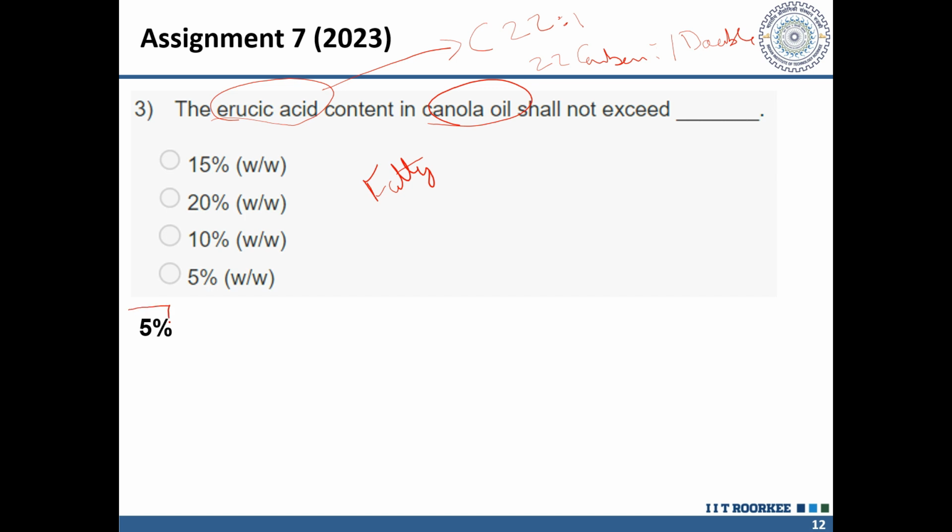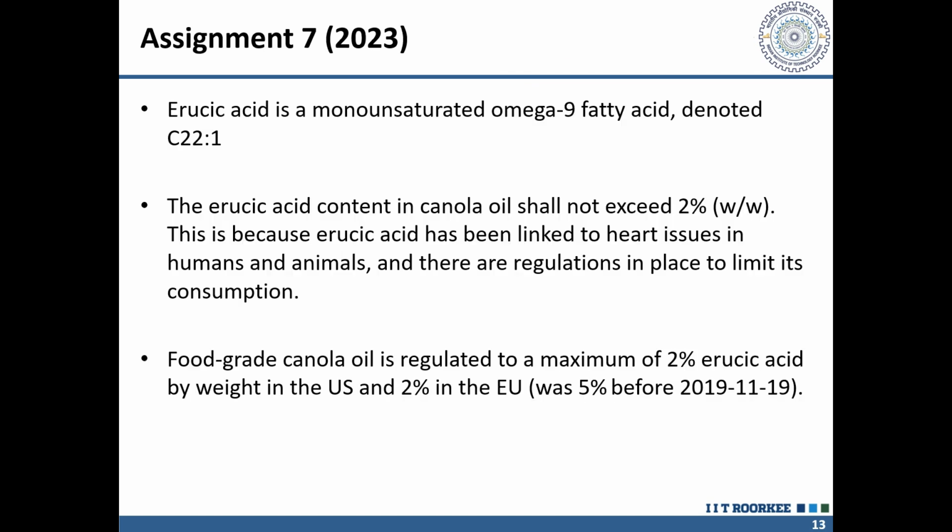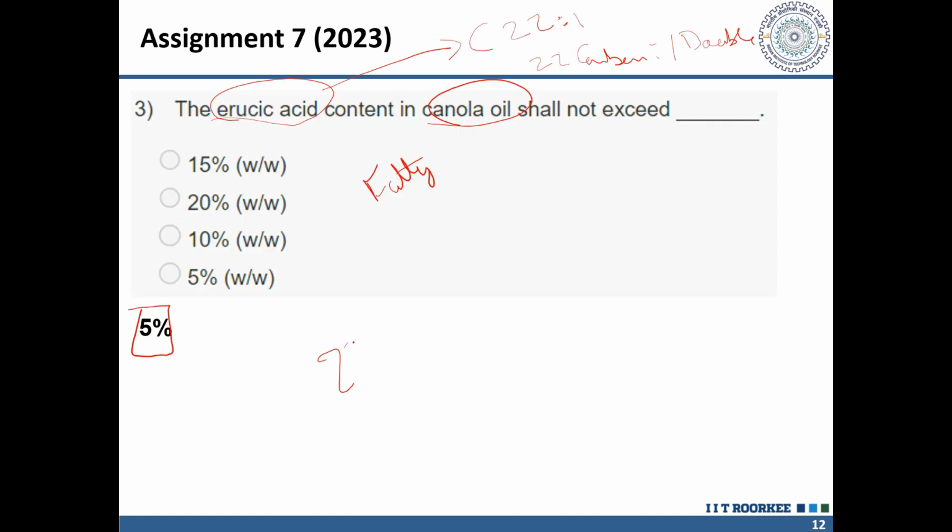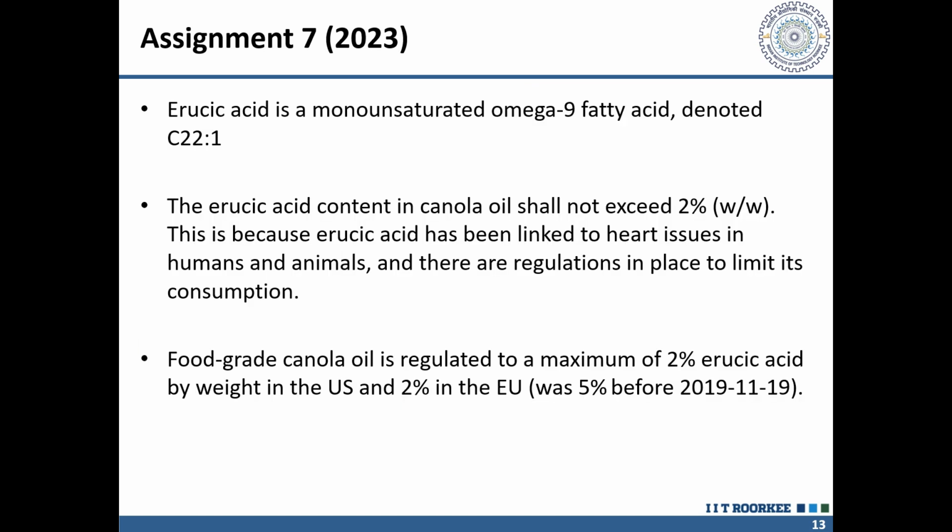Earlier it was 5%, but now only 2% is the requirement by some European and US countries. This is because this particular acid is not good for the heart, and it is responsible for many heart diseases. Therefore, the aromatic acid is controlled under 2% in canola oil.